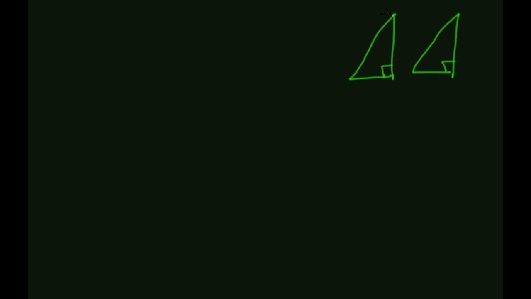And we're going to call this one A, B, C. We're going to call this one D, E, F. Okay, and we have that the hypotenuses are congruent, and we have that a leg is congruent. So that's our given, right?